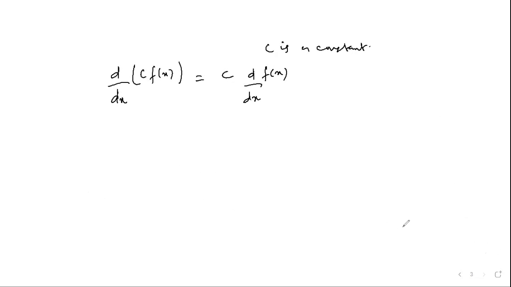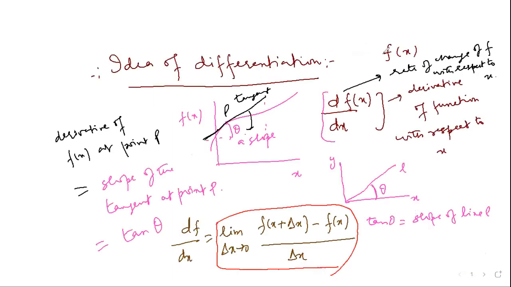Now this function was a one variable function. We have functions which are multivariable. That means they depend on more than one variable.